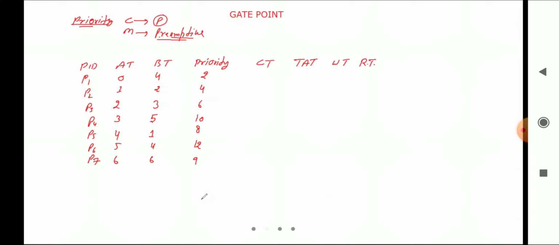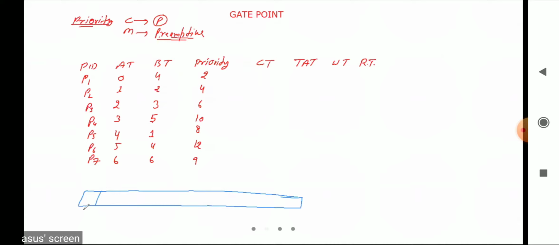Now we need to make the Gantt chart. So we'll prepare the Gantt chart now. Here it is time 0. At time 0 is any process available? Yes, process P1 is available.